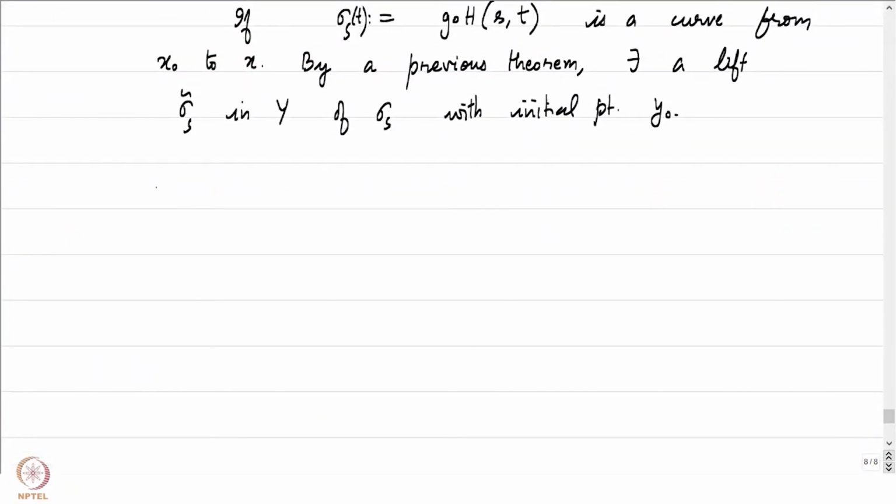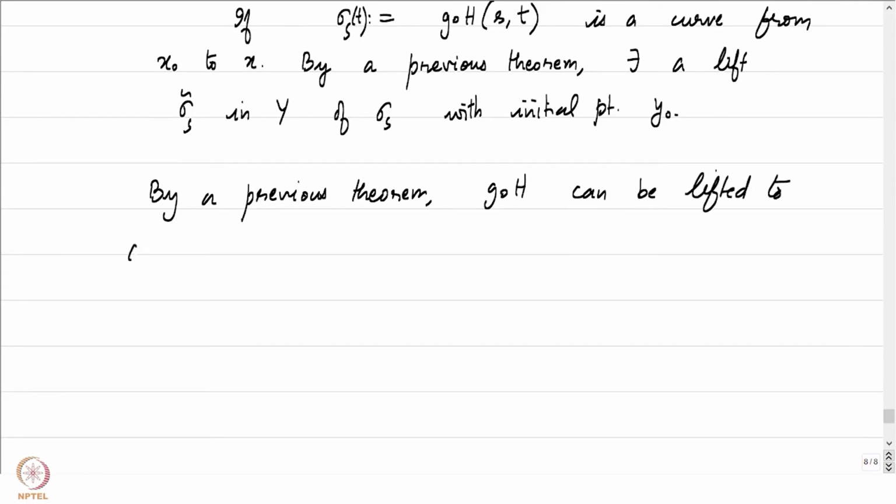So again, by a previous theorem which I just showed, g composed with H can be lifted to a homotopy with fixed endpoints.